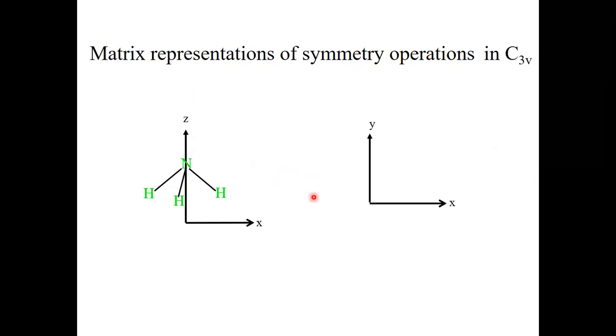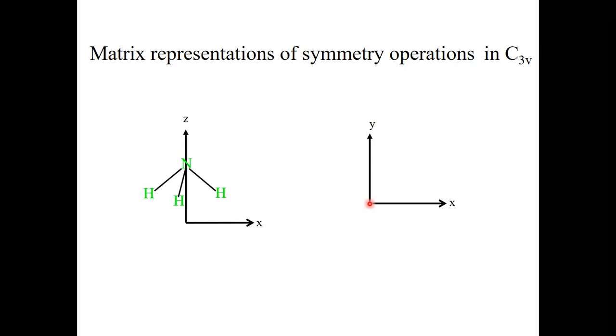Okay, let us look at the molecule from the bird's perspective. In the bird's perspective, the x-axis will still point to the right, but now the y-axis will point to the top and the z-axis would point directly toward us.